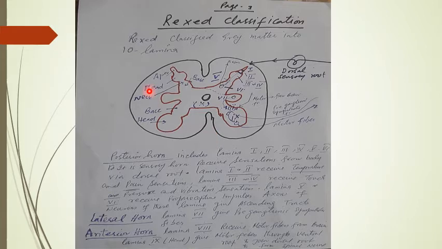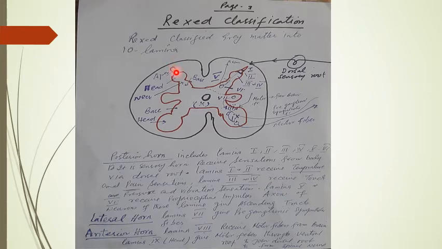Rexed classification. Rexed classified gray matter into 10 components or 10 laminae. Parts of the posterior horn: this is the shape of the posterior horn.